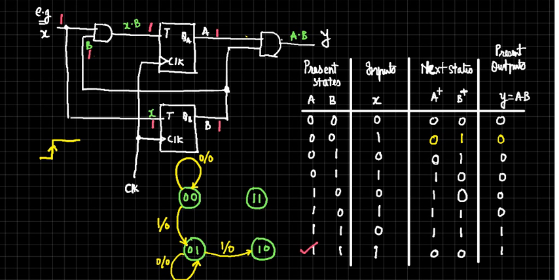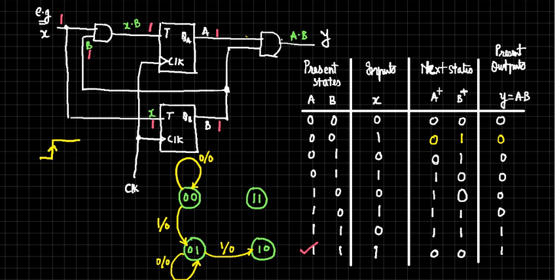I'm sorry. When it is 0 1 and the input is 1, it will change the state, right? When the input is 1, the output is 0. Is this fine?